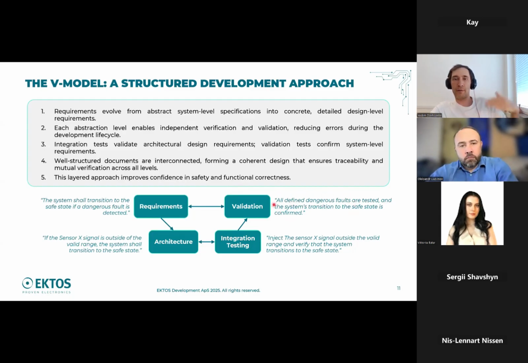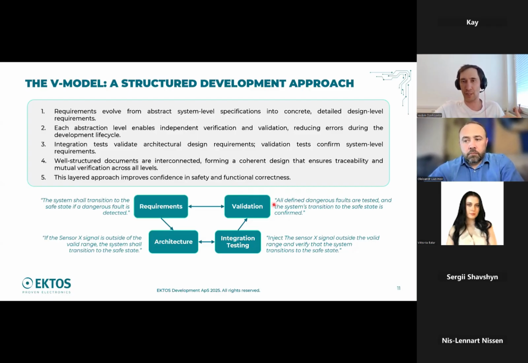So on the integration level, we are thinking more about functions, and that we implemented our design in accordance with the architecture design, so that this piece of hardware with software works as expected, as designed.